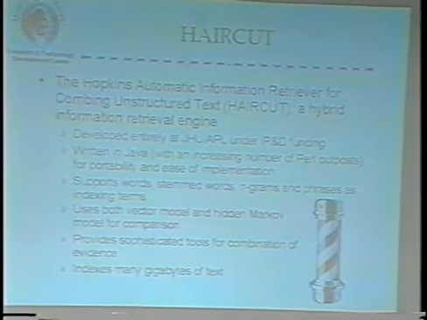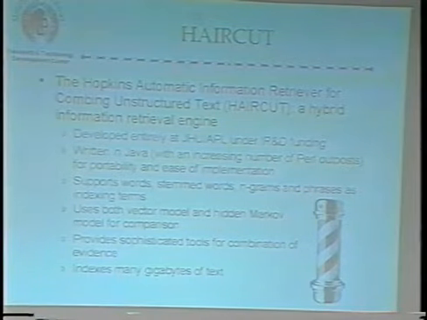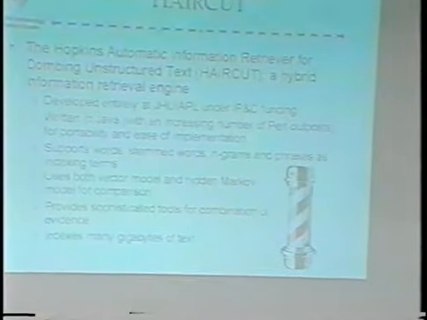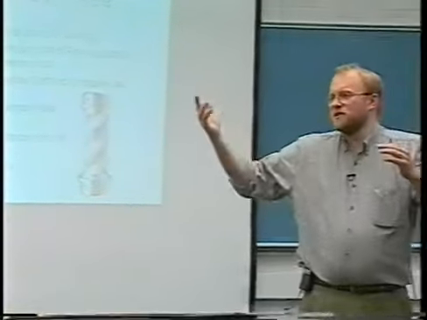It supports a variety of indexing terms, including n-grams, words, stemmed words, multi-word phrases, and so on. It has a variety of similarity metrics, including a normalized cosine measure. The cosine itself, you do various things to it to make it a little nicer, and those are pretty standard.